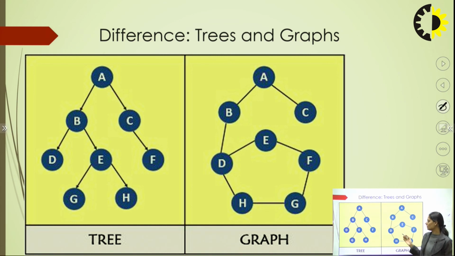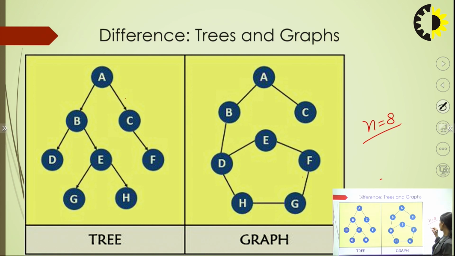We can see over here that the number of nodes is 8, so n is equal to 8, and the number of edges is 7, as we can see: 1, 2, 3, 4, 5, 6, 7. But in the graph, when n is equal to 8, the number of edges is 1, 2, 3, 4, 5, 6, 7, 8.